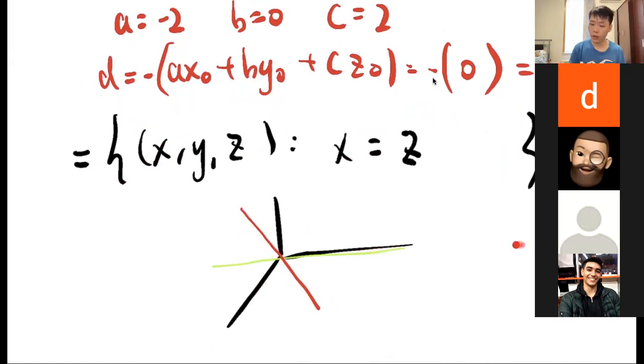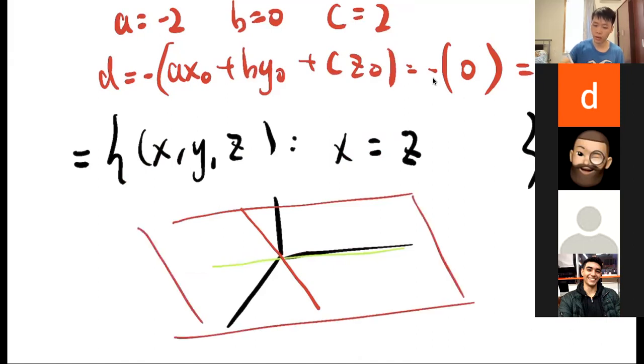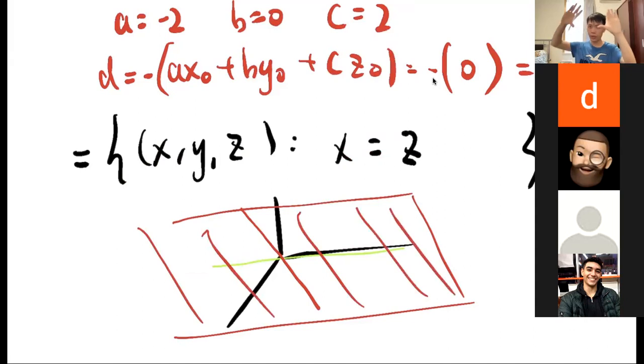But y is anything we want, so we just span this line along the y-axis, and it looks like this. Imagine, well, it's really hard to imagine.